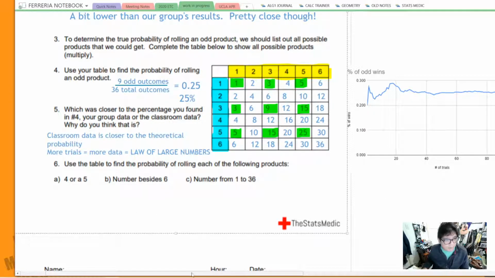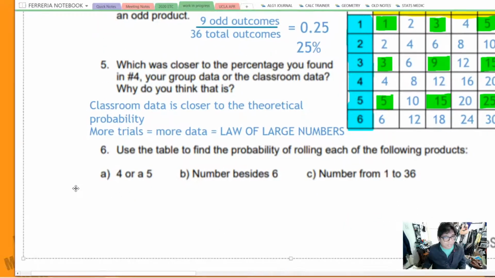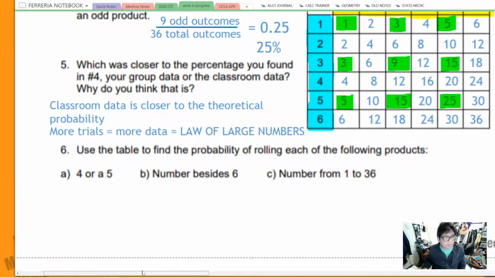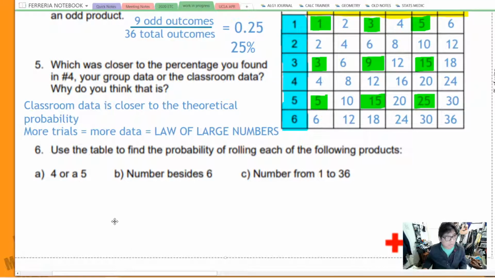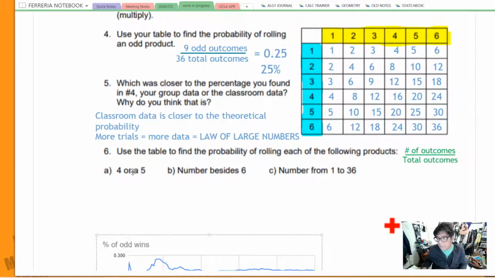And now that we have our theoretical probability, we can use the table to find the probability of rolling each of the products. All we need to do is count the number of outcomes and divide by the total number of outcomes. So let's take a look at question 6a, a 4 or a 5.